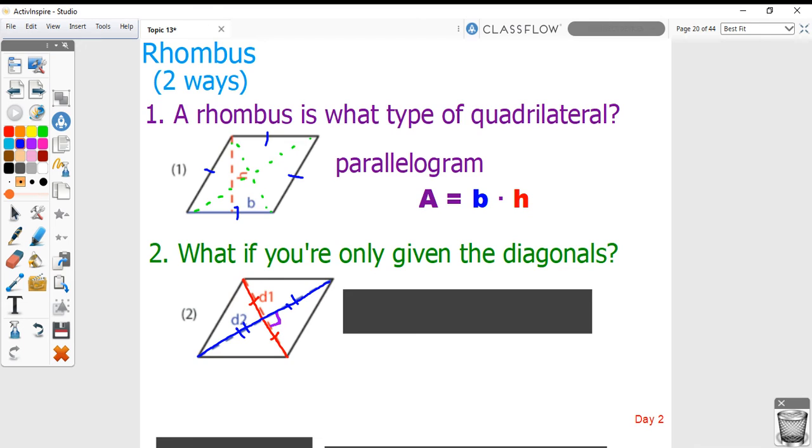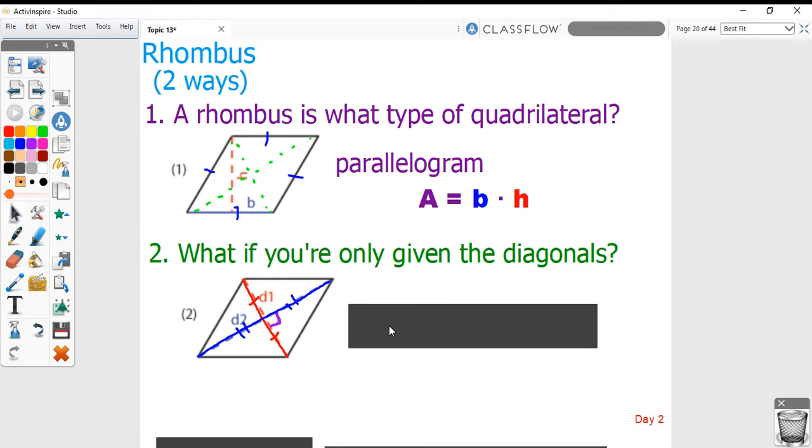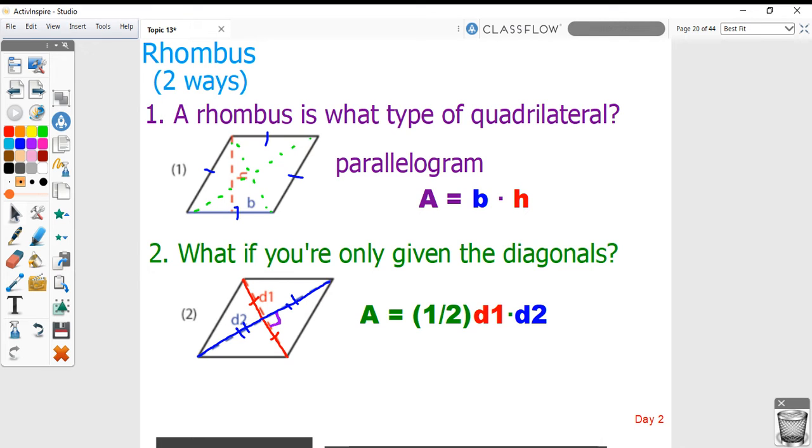And if you mess around with the formula for finding the area of a bunch of right triangles, you eventually get down to this: the area of a rhombus, based on those diagonals, is the length of the diagonals multiplied together and cut in half. We usually don't see it printed out as 1/2 times diagonal 1 times diagonal 2. We usually see it this way: diagonal 1 times diagonal 2 over 2. And that's how we're going to be using it on our problems today.